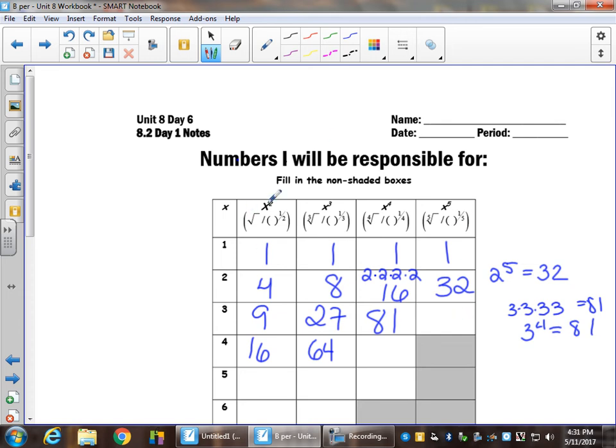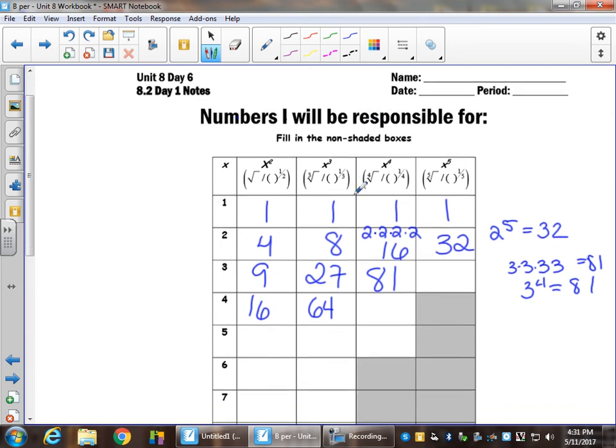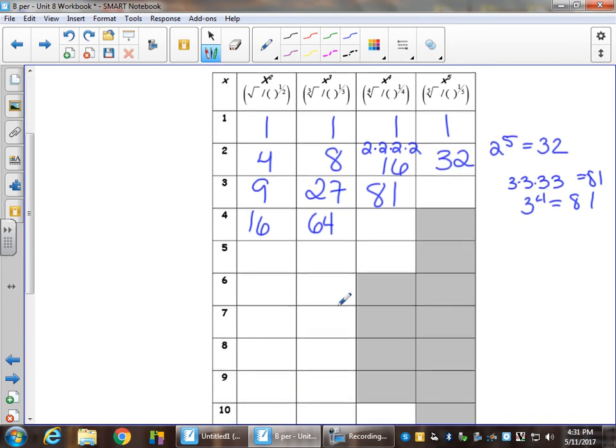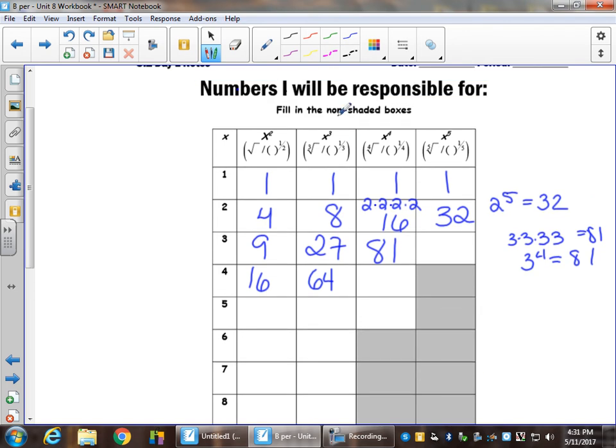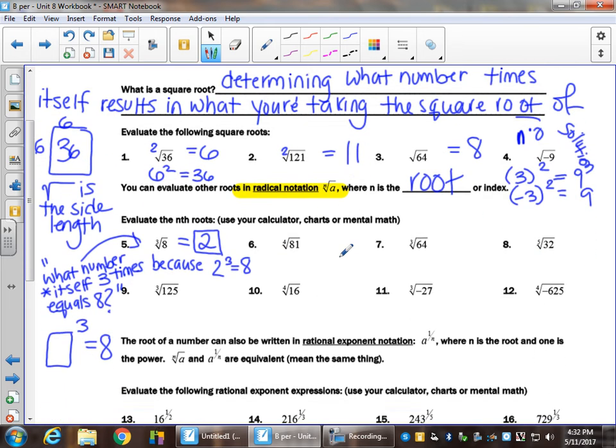So in Algebra 1, you just dealt with perfect squares. And now we have 3 new columns that we will be learning and be responsible for. Remember, you're not going to be accountable for anything in gray. Perfect thirds, fourths, and fifths. So 8 is a perfect cube because the cube root of 8 is 2. Let's practice some more.